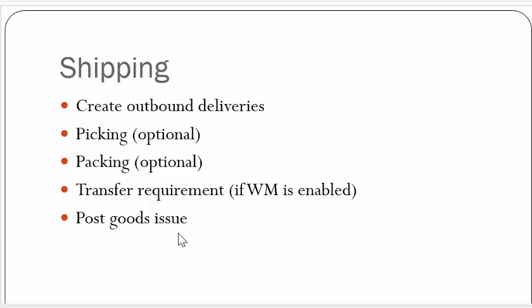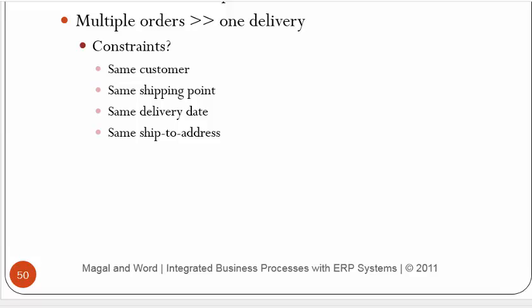It is when you post goods issue that an accounting effect is reflected, because now, as we said, ownership is transferred from the vendor to the customer. So it no longer belongs to the vendor. It actually passed ownership to the customer. I may have multiple deliveries for one order, or the opposite, multiple orders and one delivery.